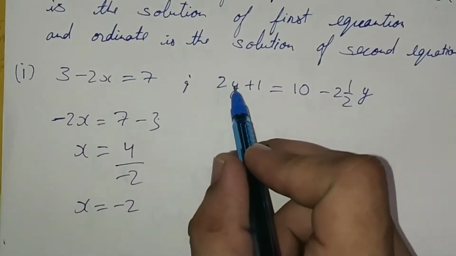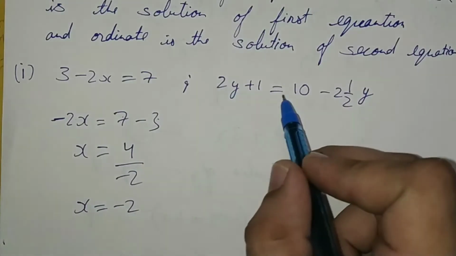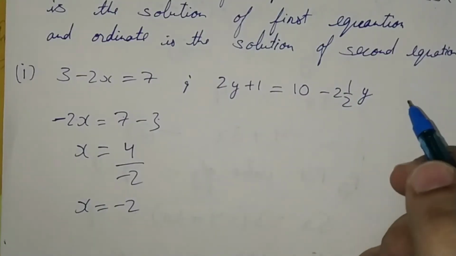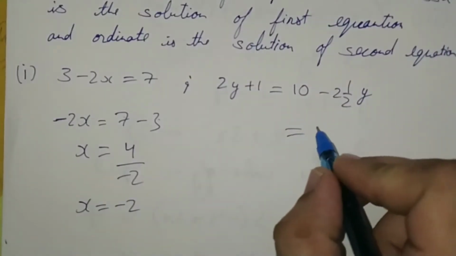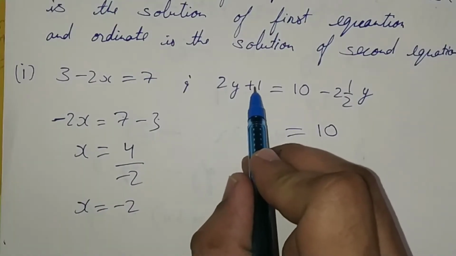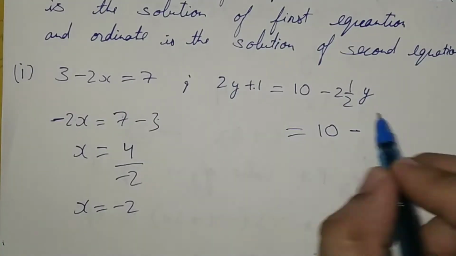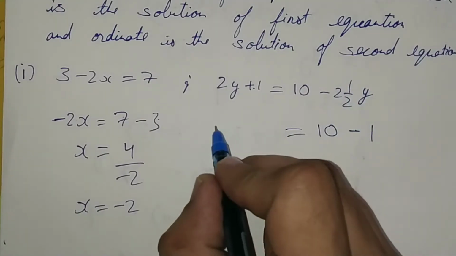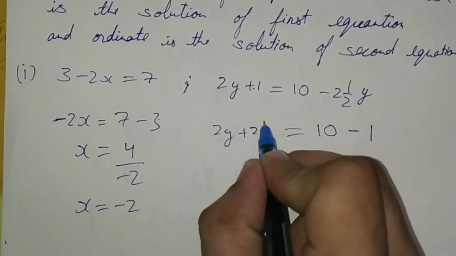Then 2y plus 1 is equal to 10 minus 2.5y. So when we take 1 to that side, it will change its sign, minus 1, and this is a negative term. When we take it to that side, this will become positive.